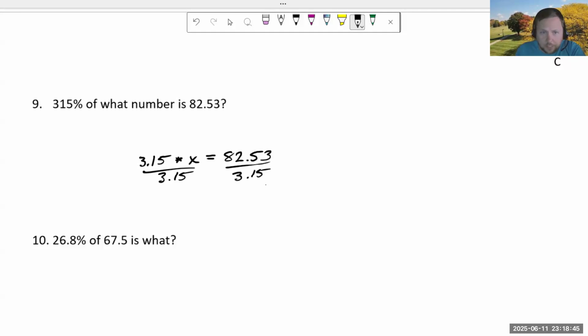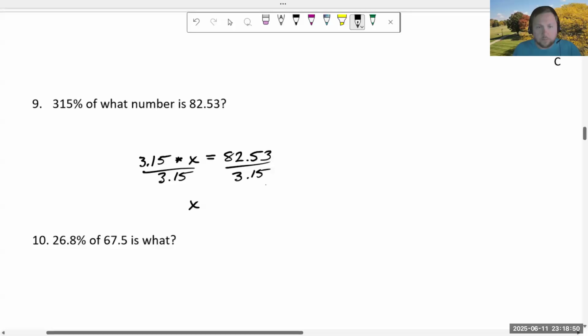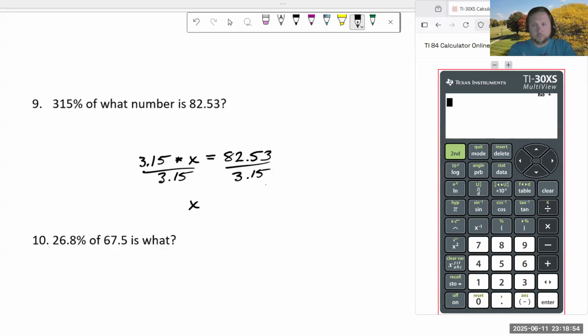Okay, so now that gets the X by itself. Okay, so I get 26.2.